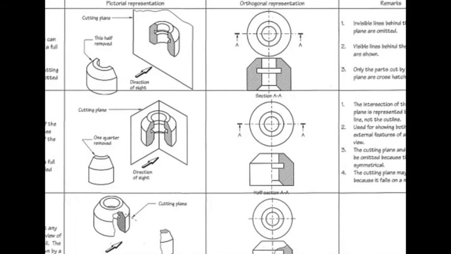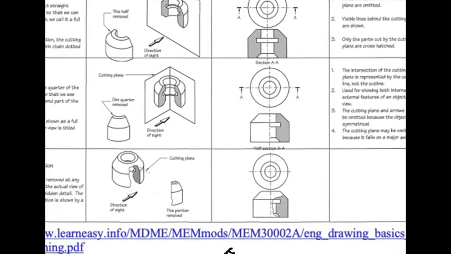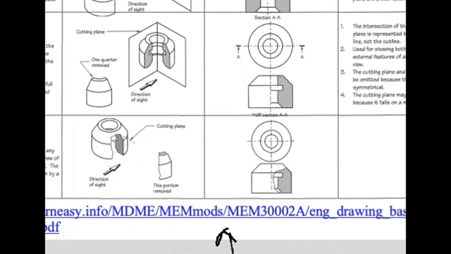If you feel that only half of it needs to be sectioned, then you can do it with a half section, so you keep the one side intact and you just section the other half. Or you could even just show that you are taking a section through a small portion, leave everything else intact and just section there, and show where the saw would have cut to do that.